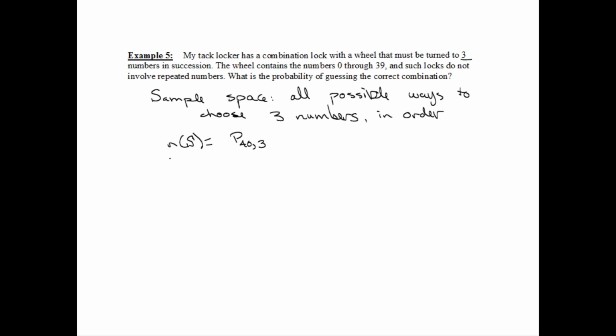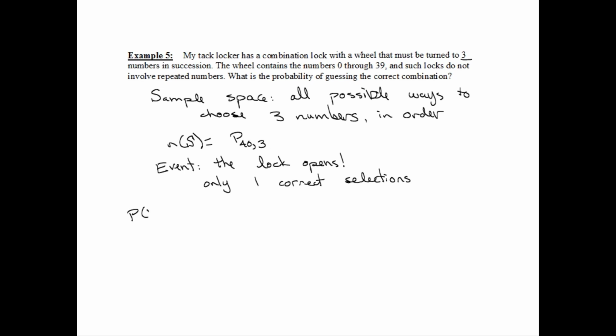How many correct answers are there? Well, what do we call a correct answer? That's if my lock opens. How many ways will that happen? There's only going to be 1 correct selection. We're going to have exactly the right 3 numbers, and we're going to have them in exactly the right order.